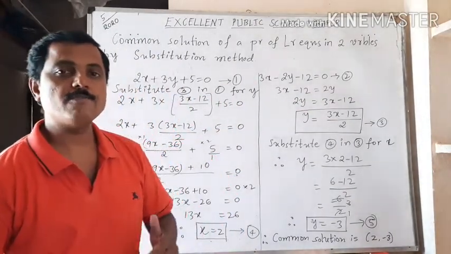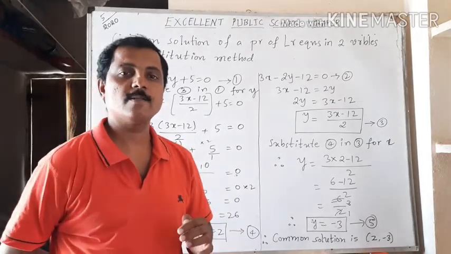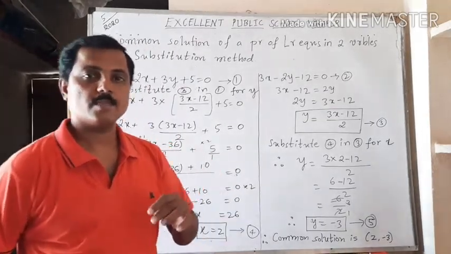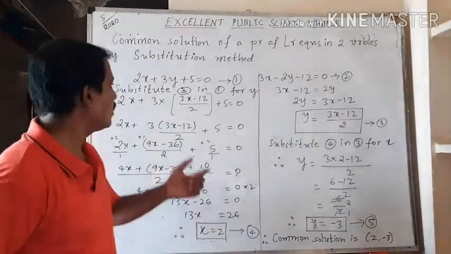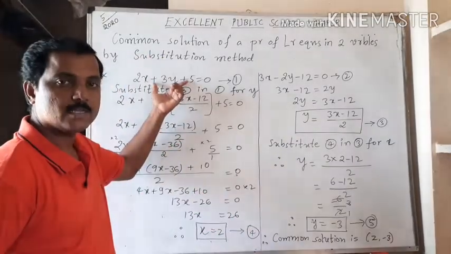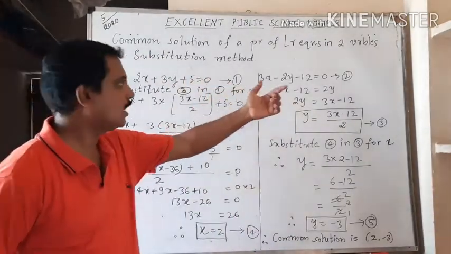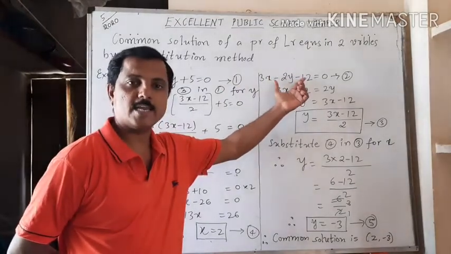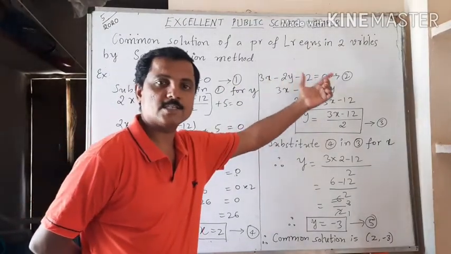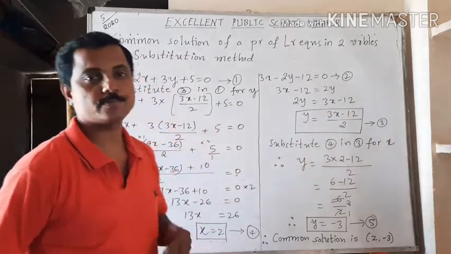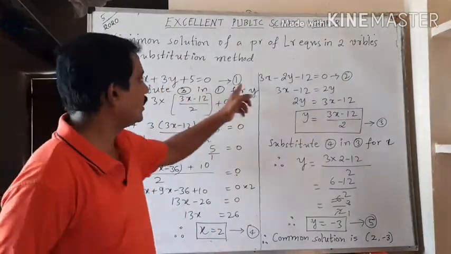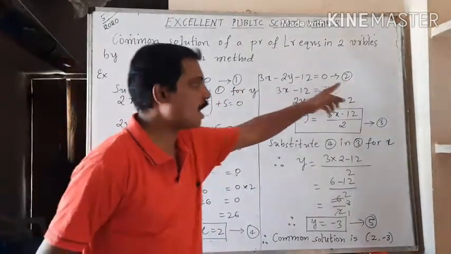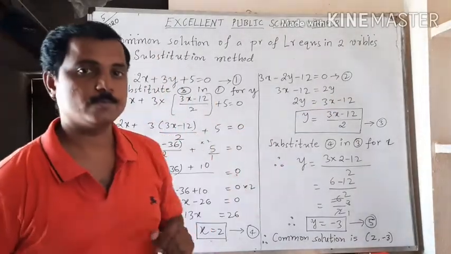Common means if we find a solution for x and y and those values of x and y are put here, LHS should become equal to RHS, and for the same value of x and y, LHS should become equal to RHS in this equation also. Now I call this equation as 1 and I call this equation as 2.